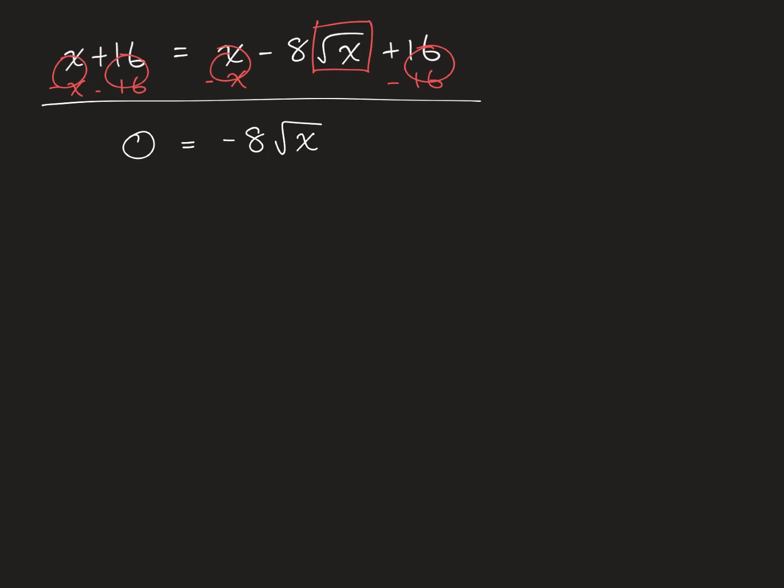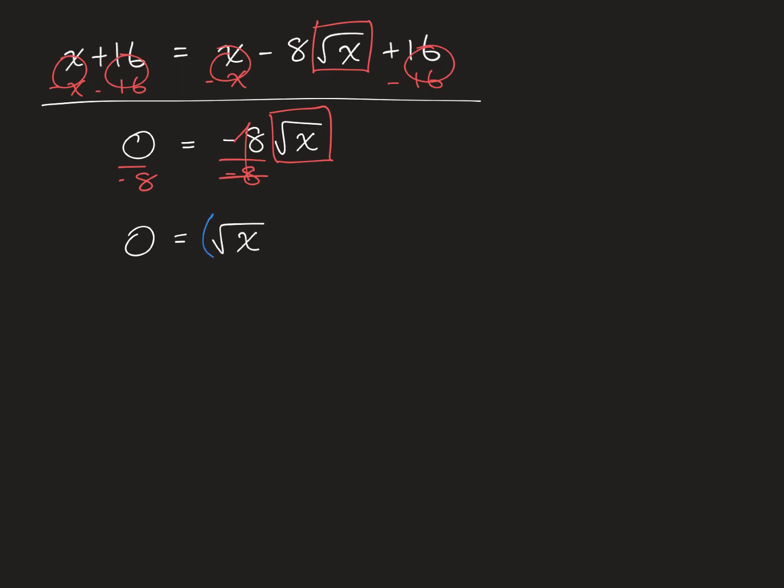Now you can see that the radical is not completely isolated yet, so I'm going to divide both sides by negative 8. The negative 8 over here will reduce to 1. 0 divided by negative 8 is still, in fact, 0. Now I'm going to make a point of it.